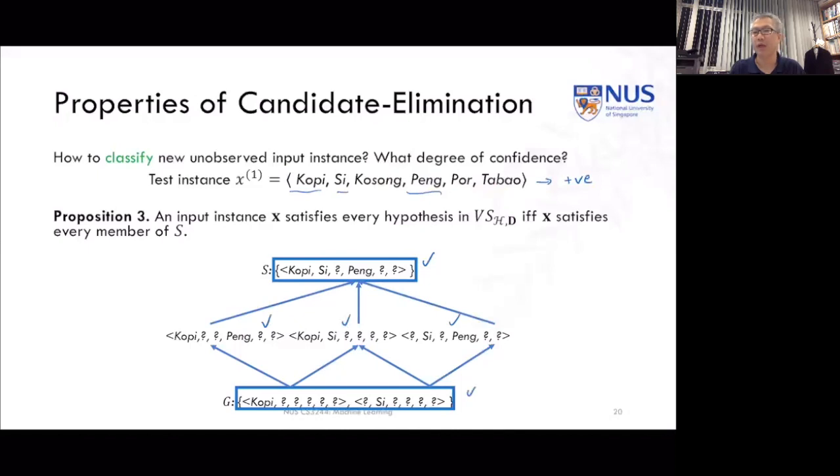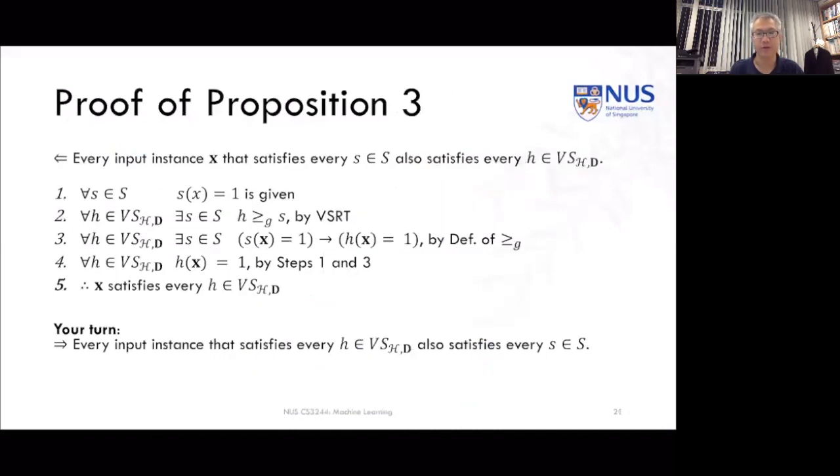But we might want a more efficient way to test for this, because if our version space is large, we'd have to go through all of the different hypotheses in between the boundaries.